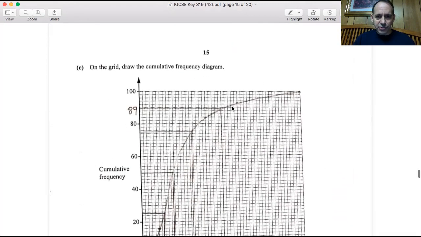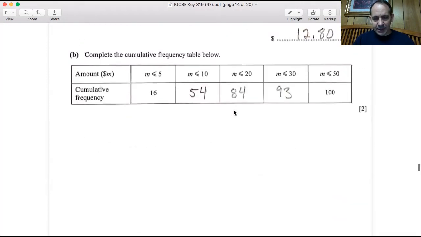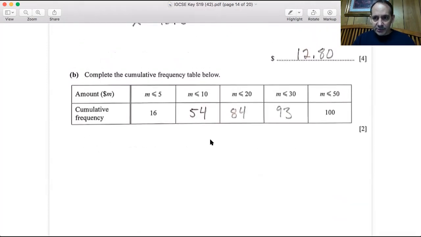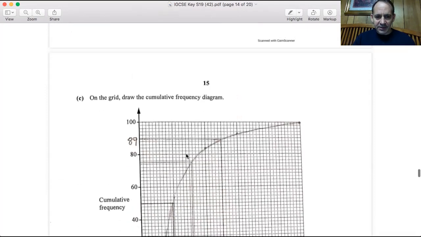Then they want you to draw the cumulative frequency graph. Remember, when you're drawing cumulative frequency, you draw the cumulative frequency with the upper bound of your class boundaries. So in this case, the 5, 10, 20, 30, and 50 are all the upper boundary. So this implies that 0 is your lower end. So you start at 0, then 16 graphed with 5, 54 graphed with 10, and so on.